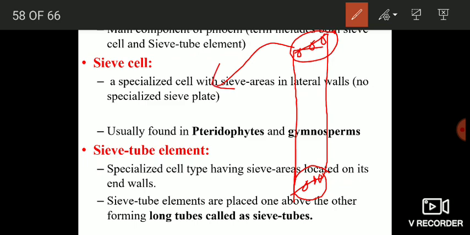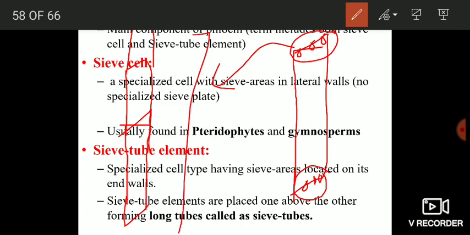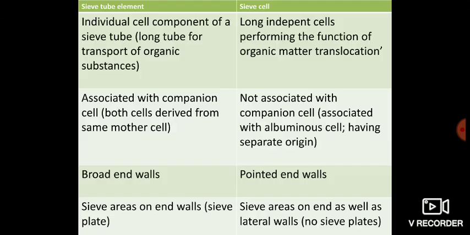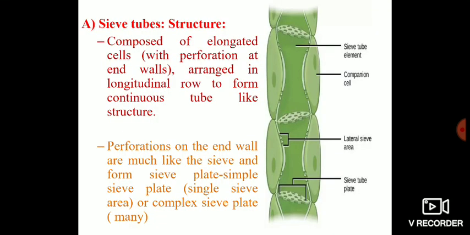This is the main difference between sieve cells and sieve tube elements. And when a large number of sieve tube elements are placed one above the another, they result in the formation of a long tube-like structure which is known as sieve tube. Okay, so we can now discuss what is a sieve tube.